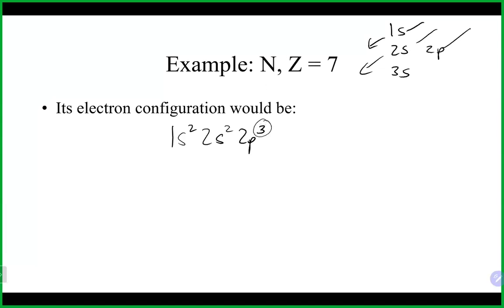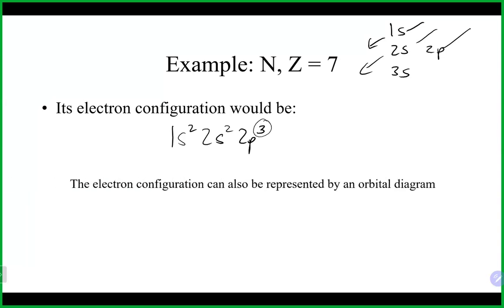We are now, as you can see here, pretty much halfway filled with our p subshell. And if we were to draw our orbital diagram in this case, we're going to go up, down, up, down, up, up, and up.